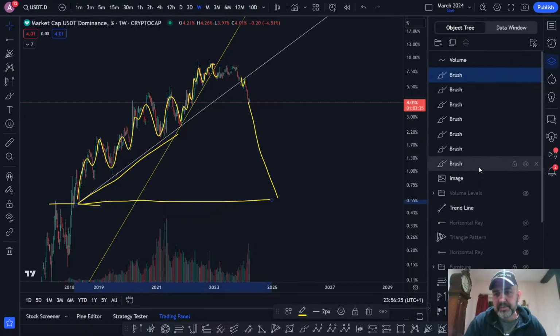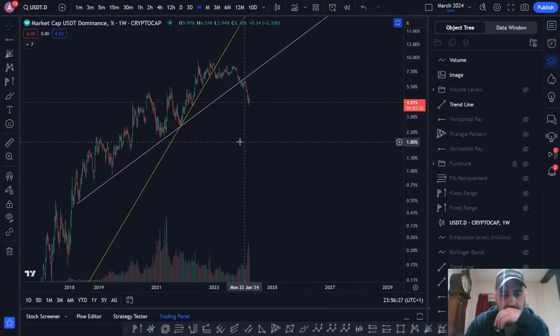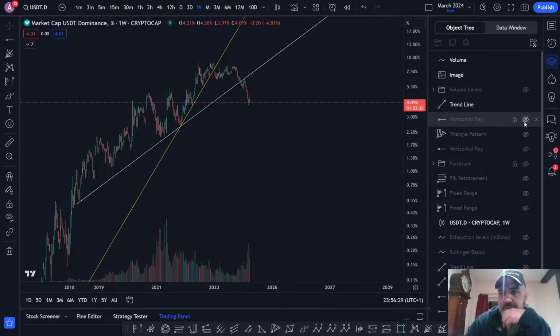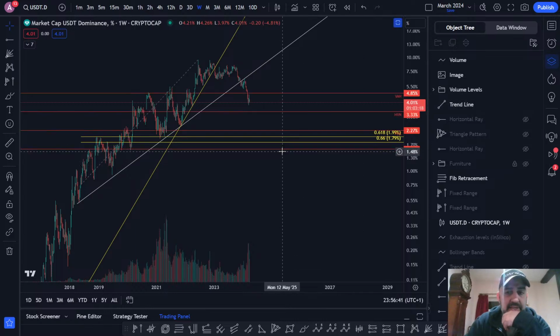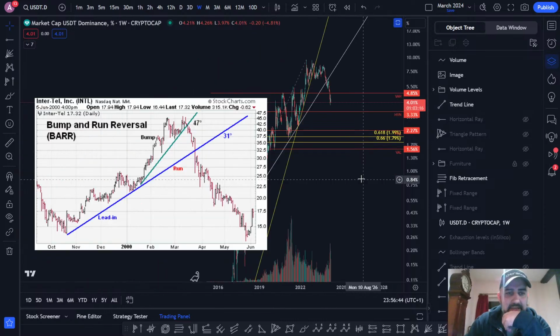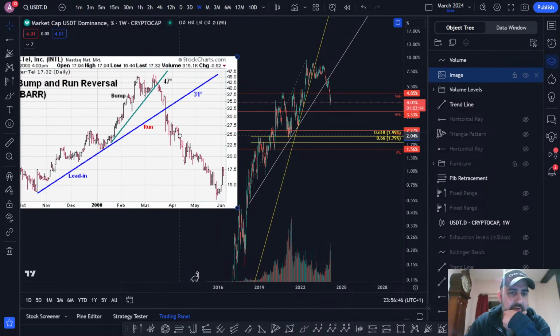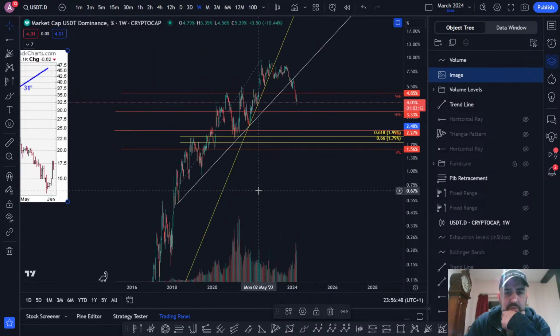Let me just delete all these. So let me just see how that works with, okay, that's that. I don't need the furniture anymore. What's this one? That's the golden pocket, and this is the volume levels. And actually, according to the run, you could head all the way down to here.